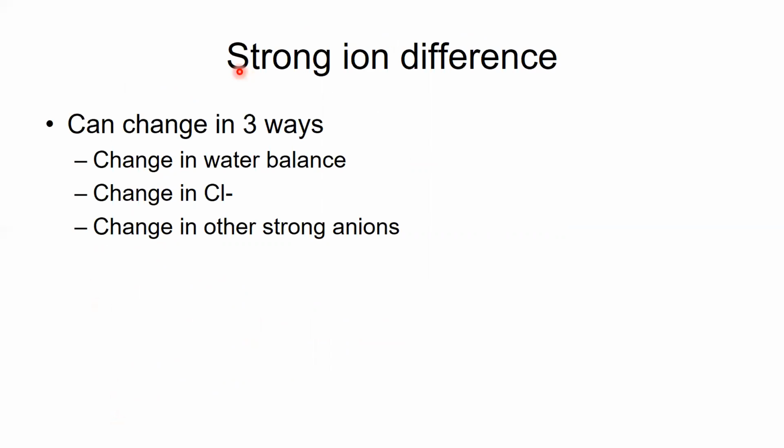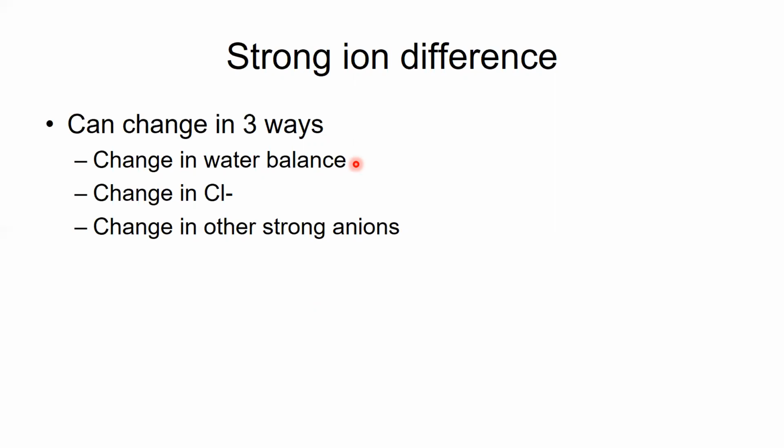Now we'll start describing the ways in which strong ions can change. So strong ions can change with a change in water balance. And remember, this just means that there has been hypotonic, isotonic, or hypertonic dehydration.